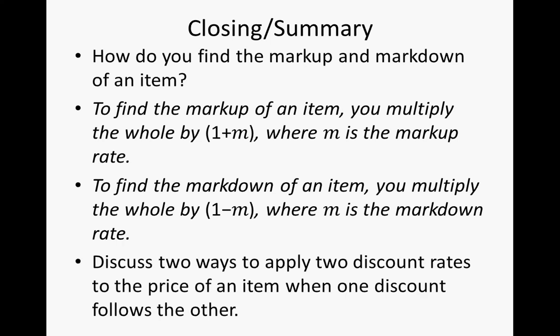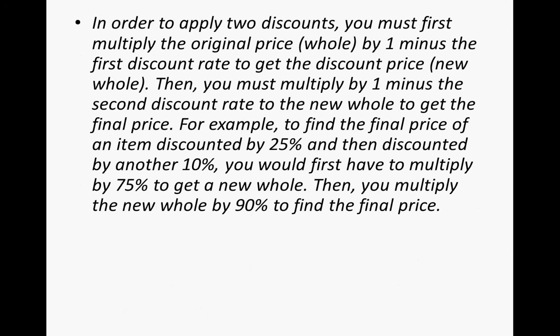So discuss 2 ways to apply 2 discount rates to the price of an item when one discount follows the other. Well, in order to apply 2 discounts, you must first multiply the original price, or the whole number, by 1 minus the first discount rate to get the discounted price, or the new whole.